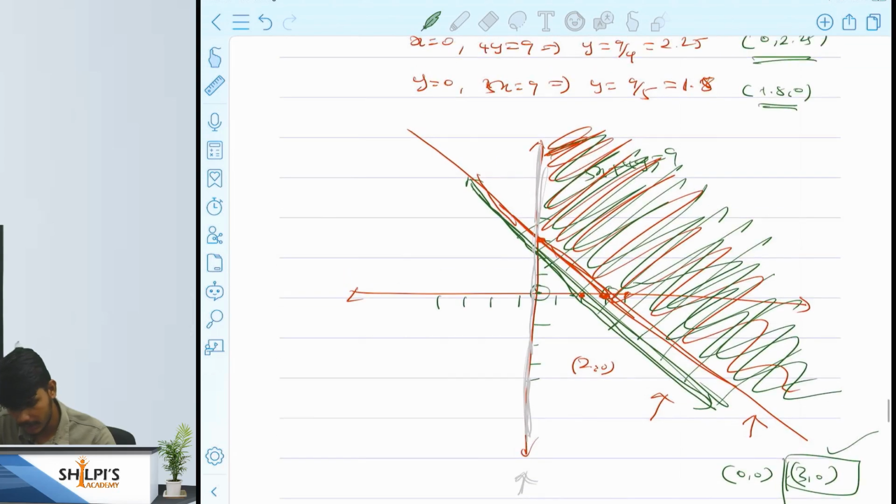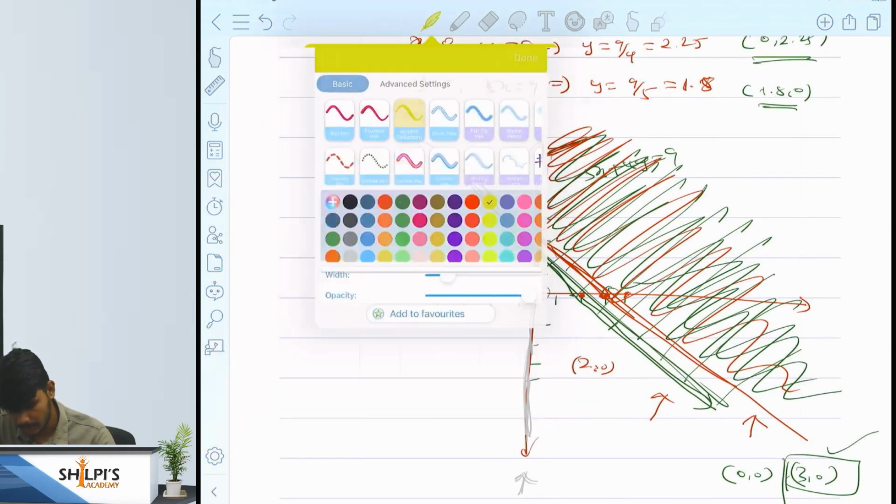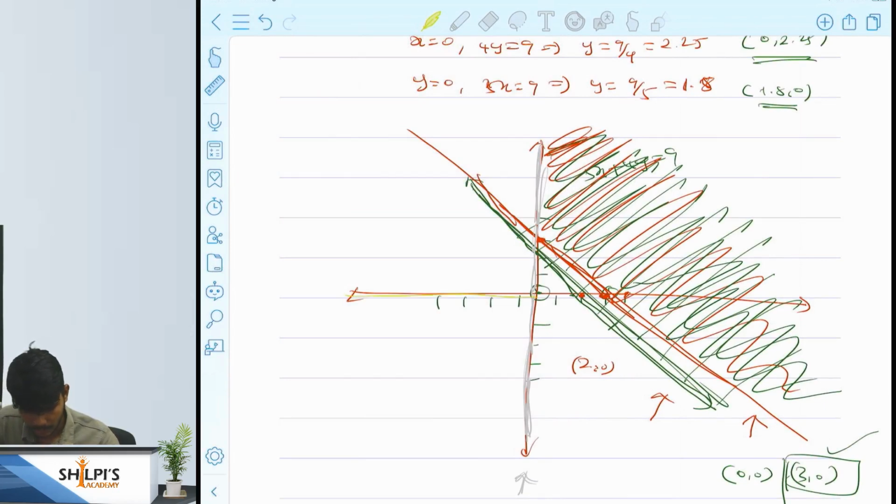After this, I will shade y greater than or equal to 0. It will come here. y equal to 0 will be this line. Okay?